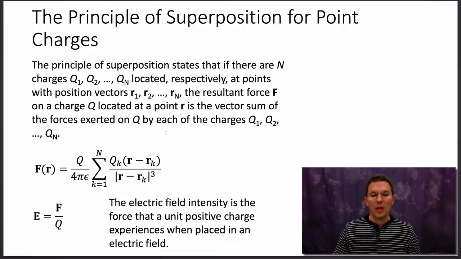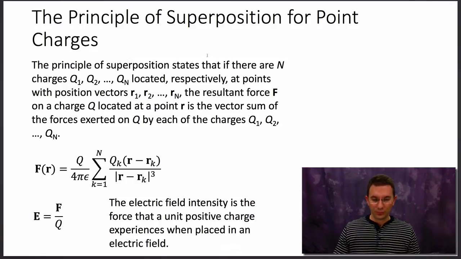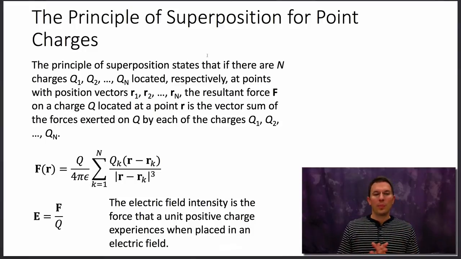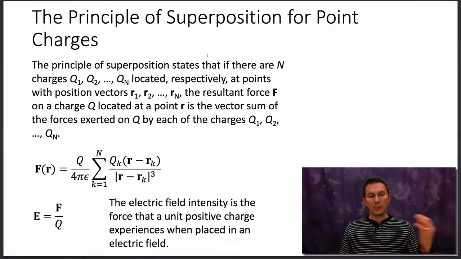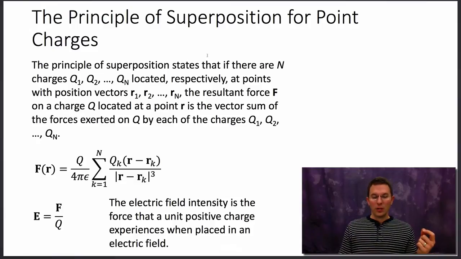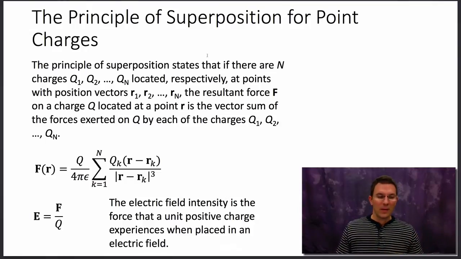In other words, if you have 3 charges, at r1, r2, and r3, and you want to know what is the force that a charge Q located at r feels, you just simply sum up vectorially the contribution of each of those 3 charges at that point in space.